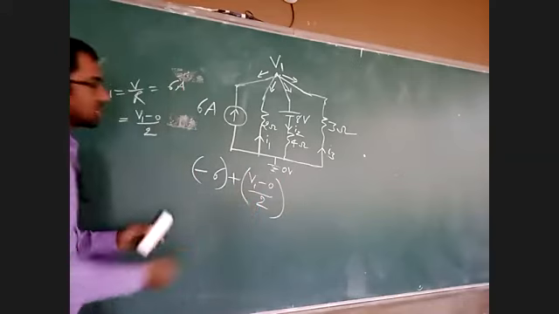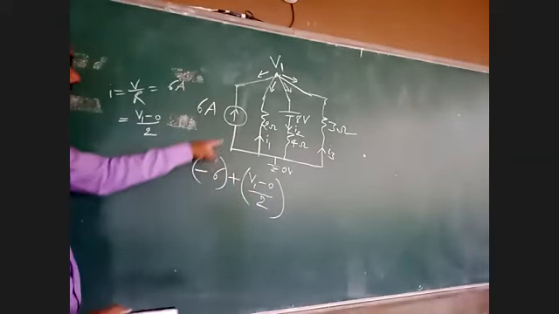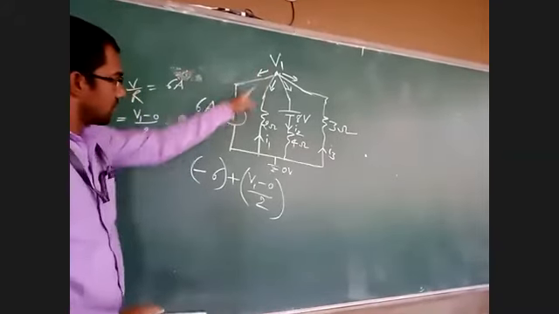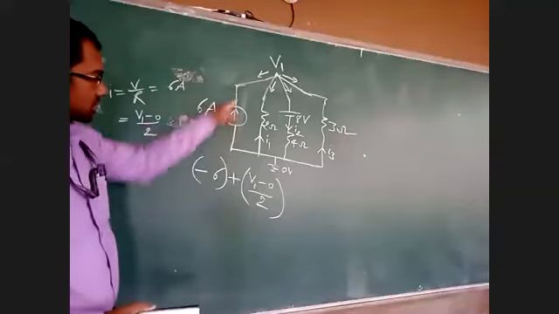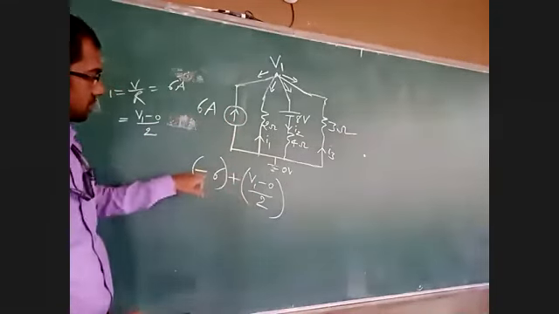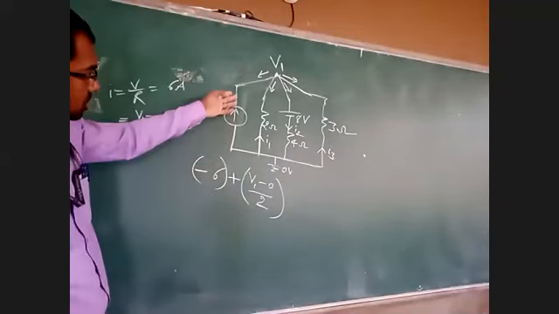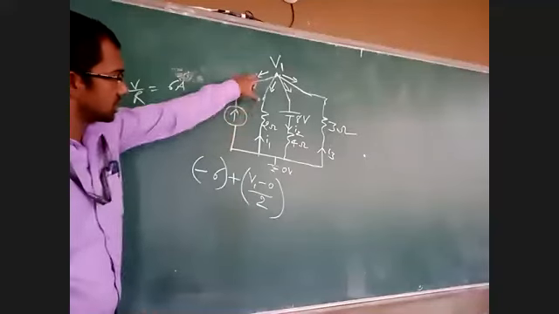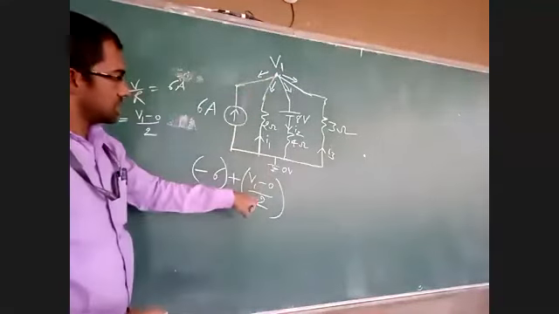Voltage divided by resistance is current. But in the first case, they are directly giving the current. If current is entering into the node, the arrow is like this, but this arrow and this arrow are in opposite directions. That's why minus. If the arrow is in the downward direction, we'll take plus. There is no need to write voltage by resistance there, since the current is given directly. That's why I am taking minus. And V1 minus 0 by 2.